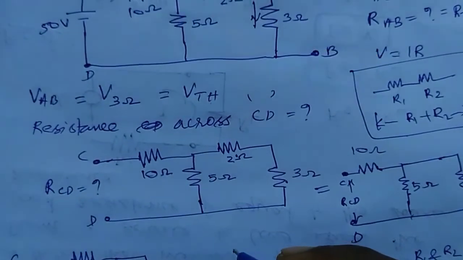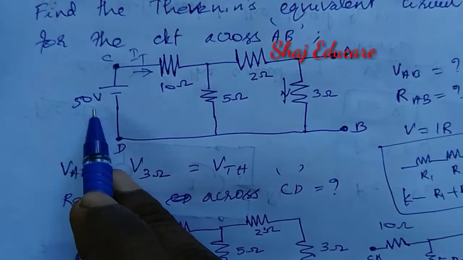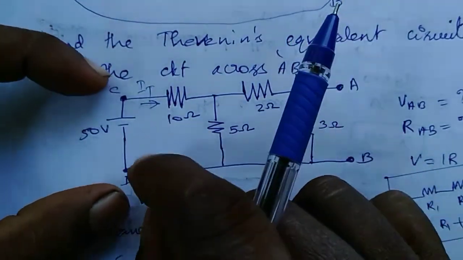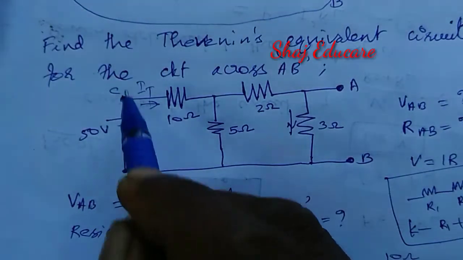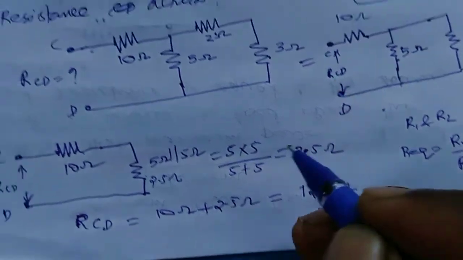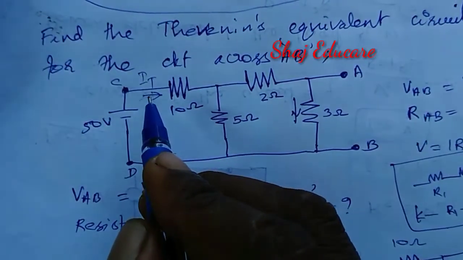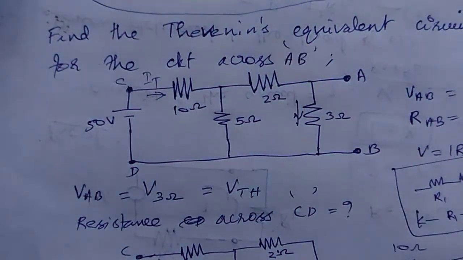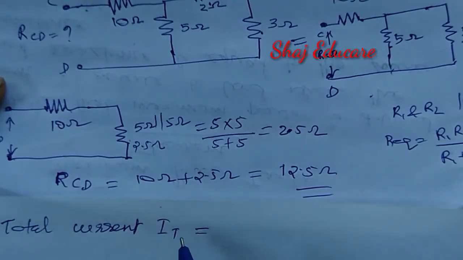Now we have a voltage source equal to 50 and the total resistance connected to the voltage source we obtained as 12.5. Then we can find the total current I. Okay, I will explain once again. Now the total current IT.